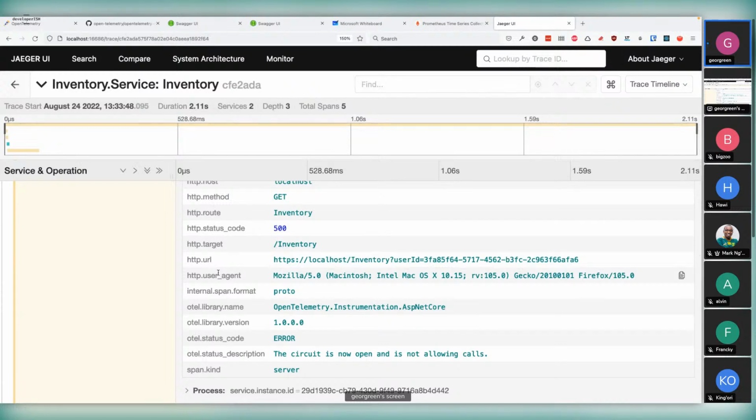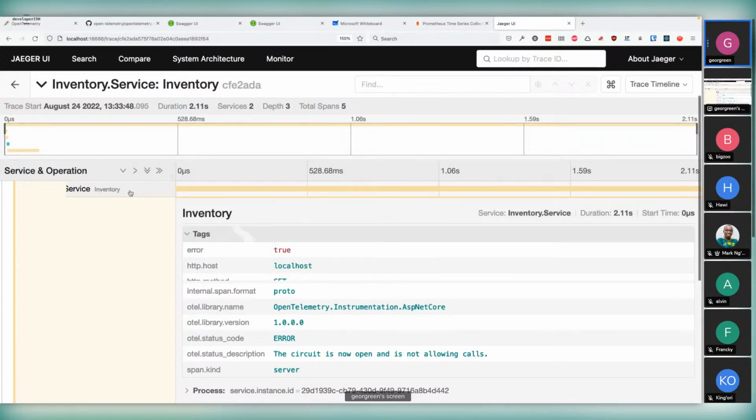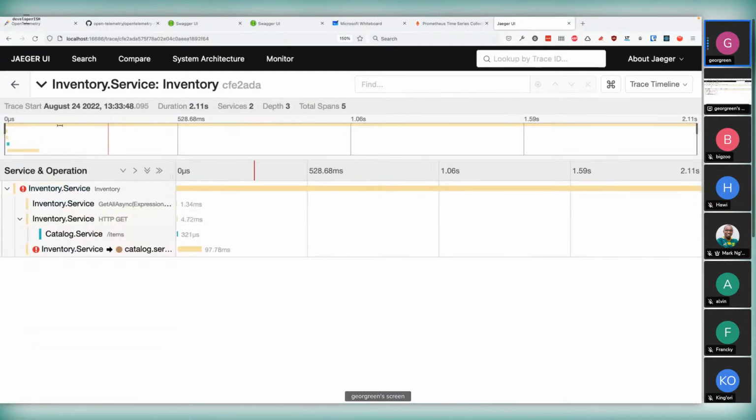These operational attributes are the ones that will help you to figure out if something went wrong. Operational attributes also include things like latency. How long did this request take? As you can see here, I don't think I'd shown you guys this, but this thing shows us a timeline. It says from 0, I think this is nanoseconds, this thing took around 2.1 seconds. And for every operation, we are shown how long it took. So you can see this is another operational thing that you might need, and it's very important, especially when things go wrong. This one took 1.3 milliseconds, this took 4.7, this took, I don't know, 321 nanoseconds.